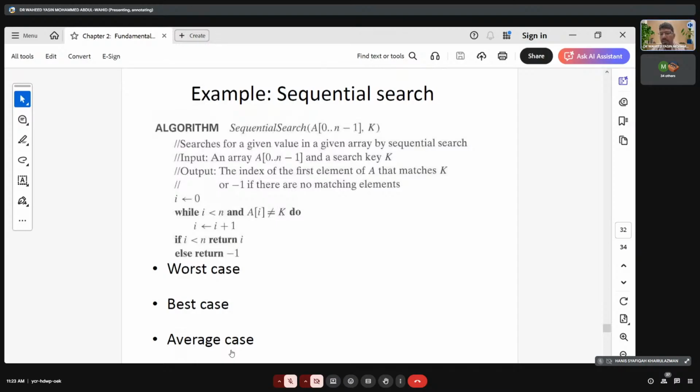So let's continue our class. Please, I want someone to share his answer. Who solved this algorithm, sequential search? Who solved it?